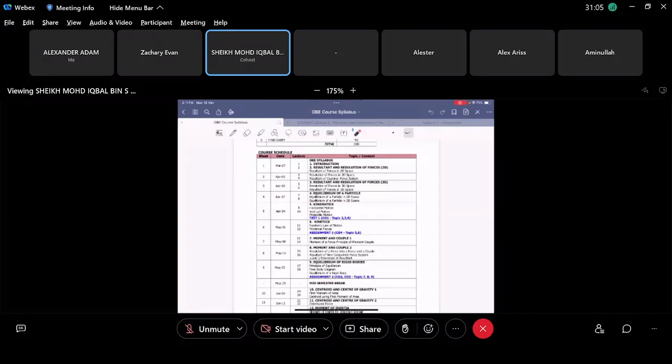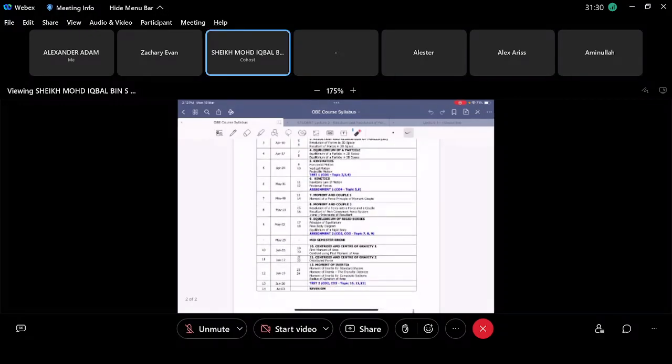But that later we will discuss with the class representative. You should discuss with your class representative first, then let me know how we can cater to your needs. Because some of you are in Peninsular Malaysia, so we have to go back and so on. So we have to sort this thing out later after the class. So that's it for the course schedule.